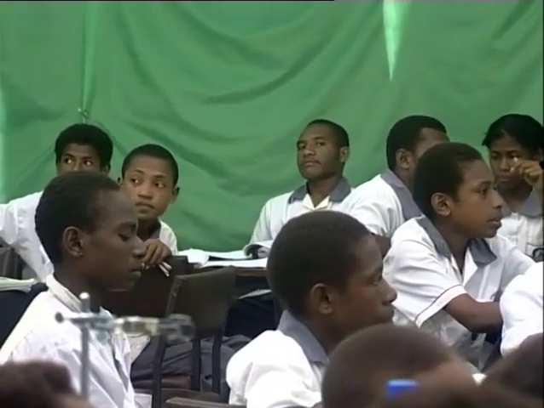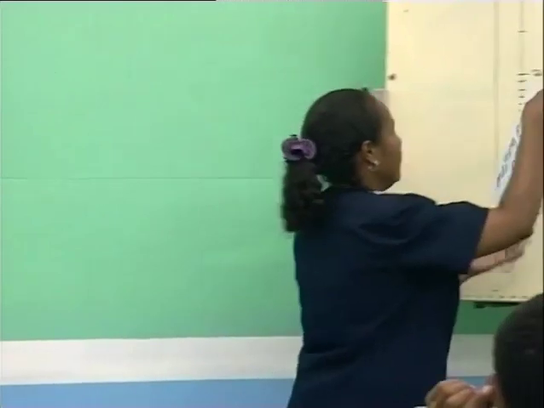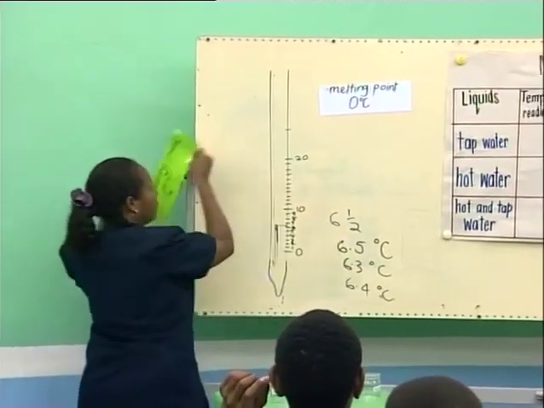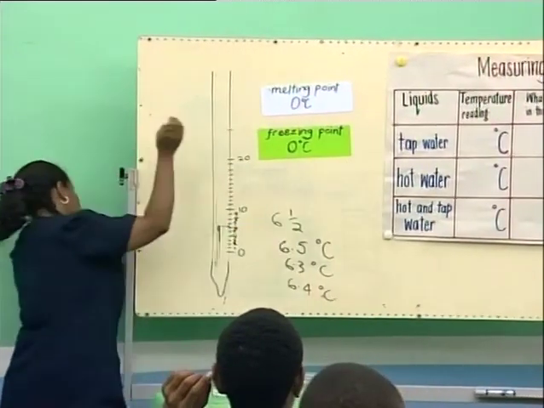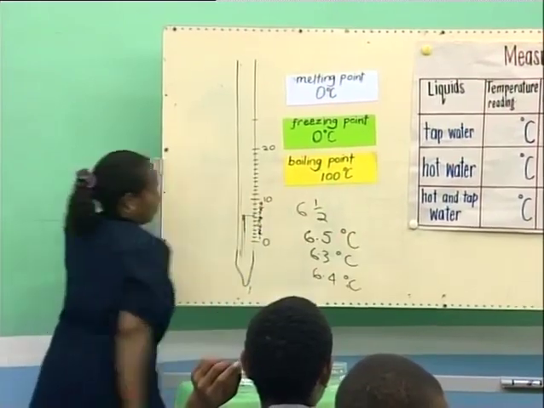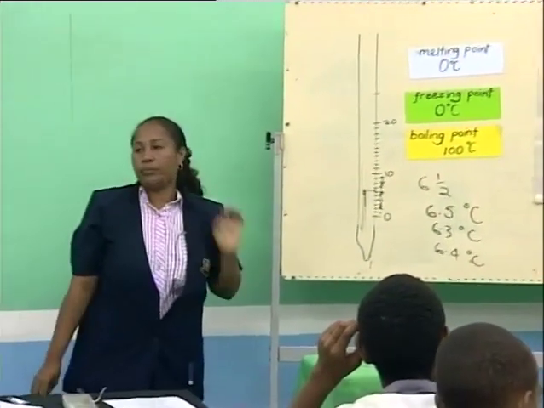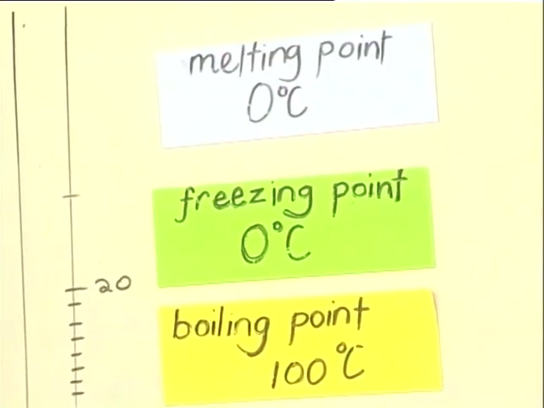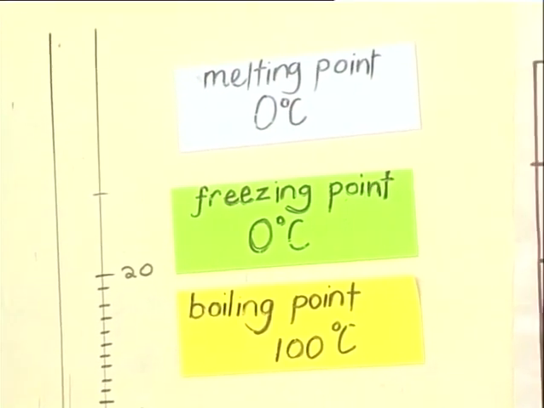Now, class, we are now going to have a look at some facts about temperature. Okay, so the boiling point, as you know, you all have learned in grade 6, I hope so, is 100 degrees.